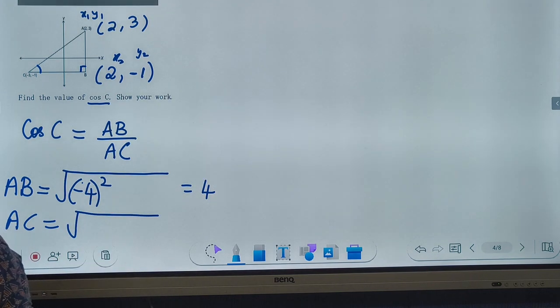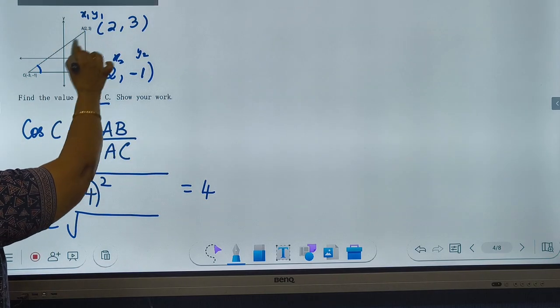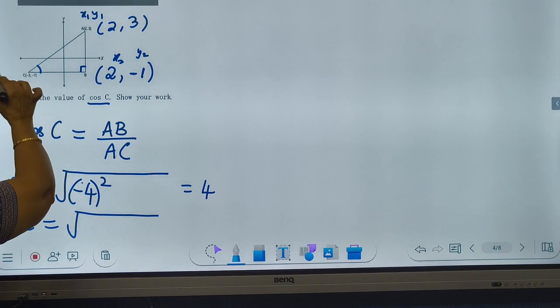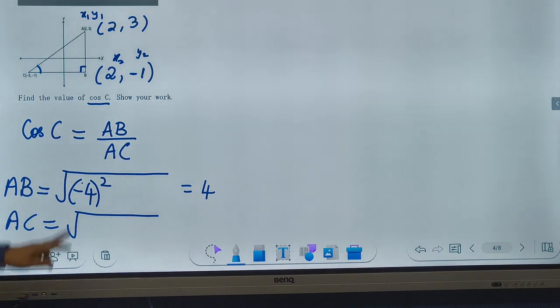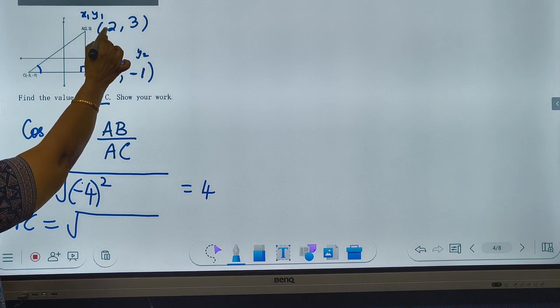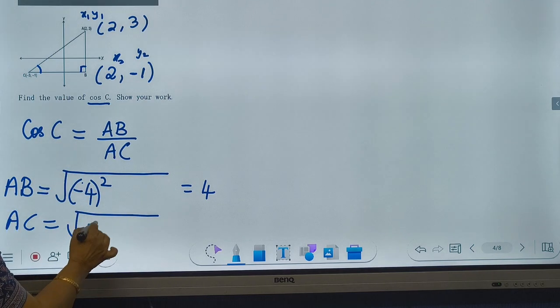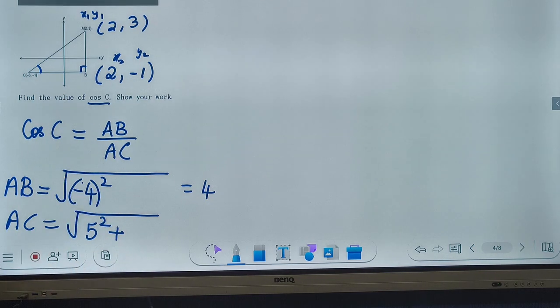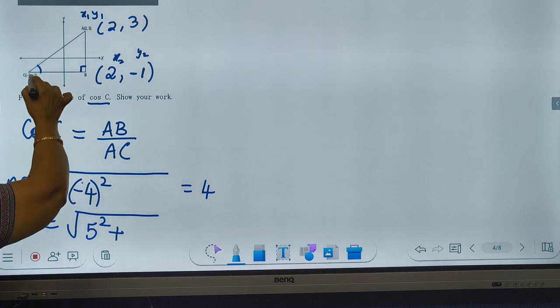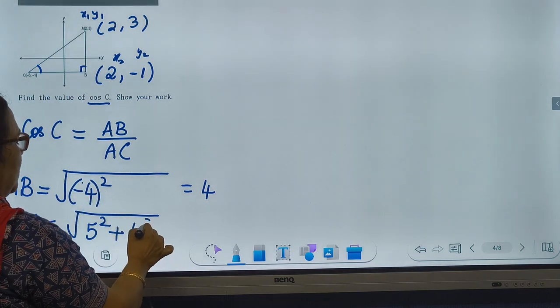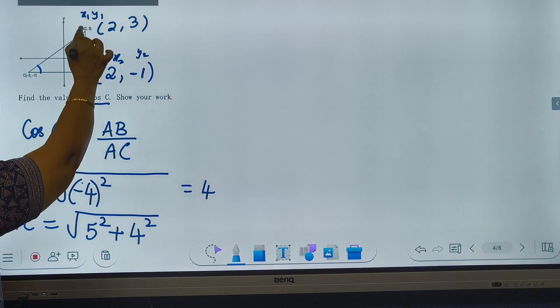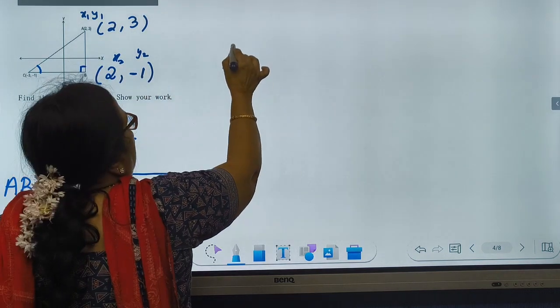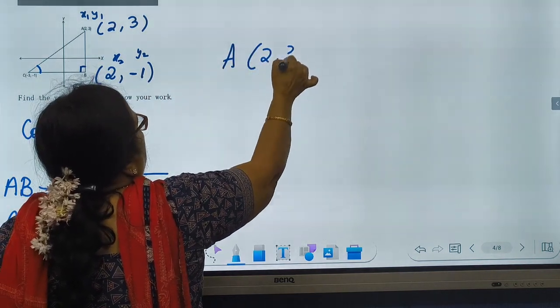Now what is AC? AC is this distance. So here you choose one as x1, the other as x2, one as y1, the other as y2. A is 2, 3.